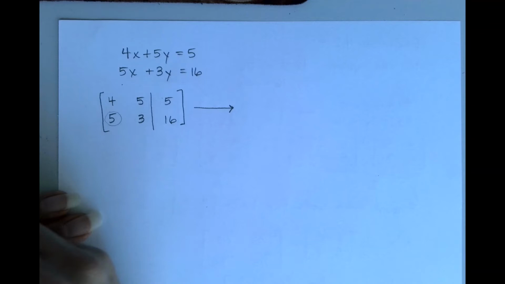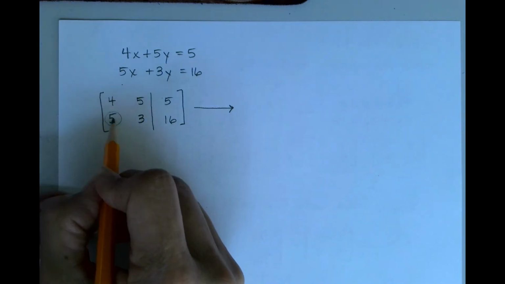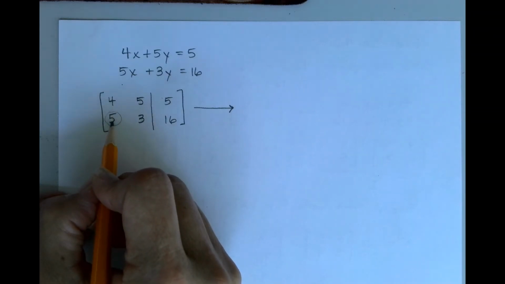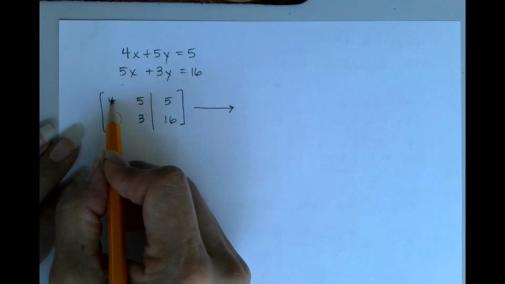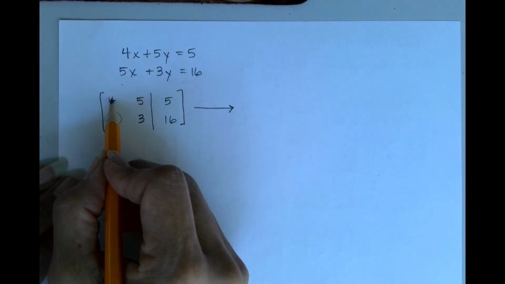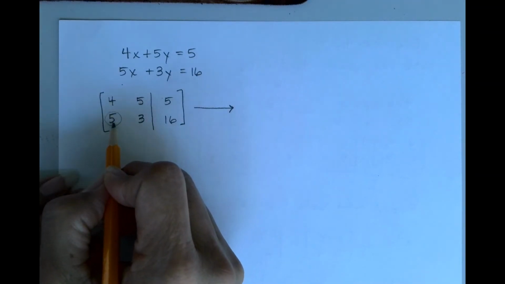Okay, so I am going to try and get this to be a 0. And in order for me to do that, I am going to look at the lowest common multiple between 4 and 5, and it is 20. So I'm going to force this to become a 0, by multiplying this row by 5 and this row by 4, and then subtracting them, okay?